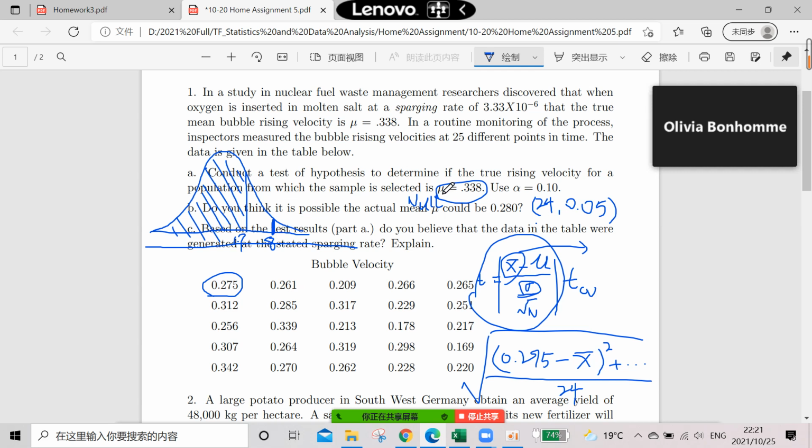And our tested sample mean 0.338 actually gives us a t-value of 8. That is very, very far to the right of this distribution. So the probability of getting a mu equals 0.338 would be very, very small, smaller than 5%. So that's why we reject that.